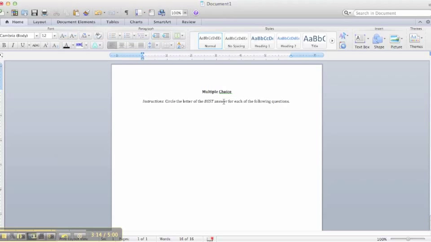We're circling the letter, it's the best answer that they're looking for, and which questions. You could also then say the point values on the questions if you so choose. All right, so then we go into the actual construction of the items. The question itself is called a stem. The answers are called distractors or the correct answer.